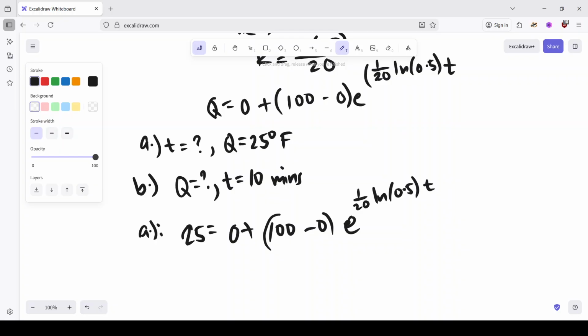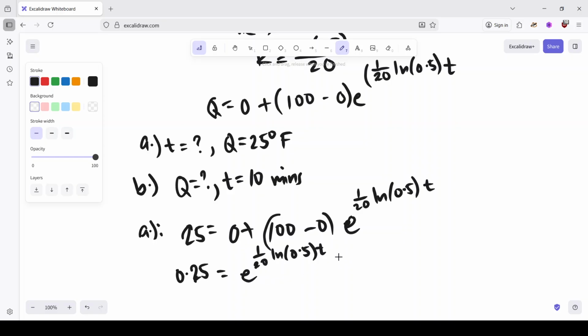So we need to solve for t. So 25 minus 0 is 25. 100 minus 0 is 100. So we will have 25 over 100. So this will be 0.25, is equal to e raised to 1 over 20 ln of 0.5 times time.